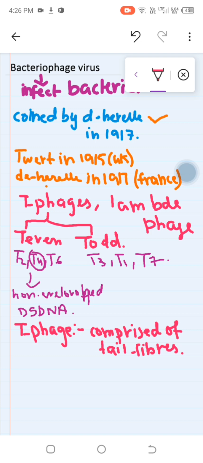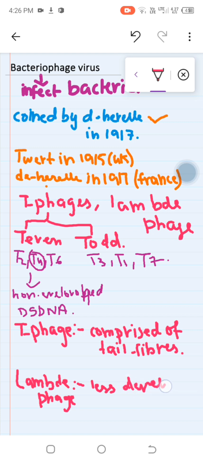Lambda phage is another type of virus which is not composed of well-developed tail fibers; it has less developed tail fibers.